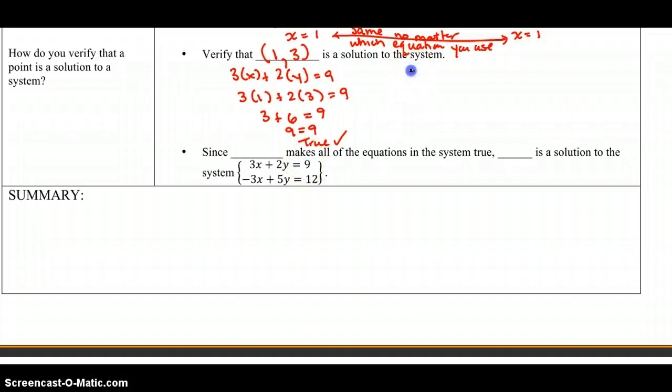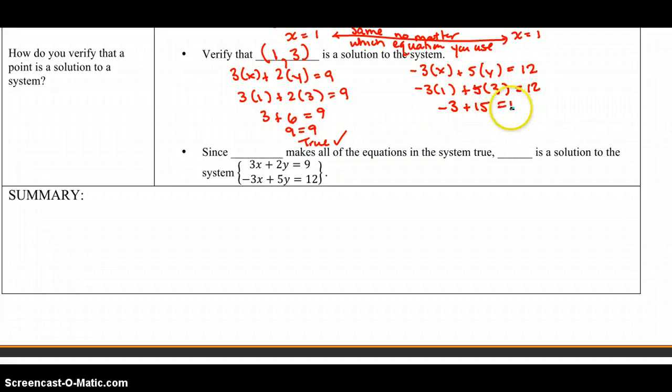And if we check our second equation, negative 3 times x plus 5 times y equals 12. And again, if we substitute 1 for x and 3 for y, we get negative 3 plus 15 equals 12. 12 does equal 12.